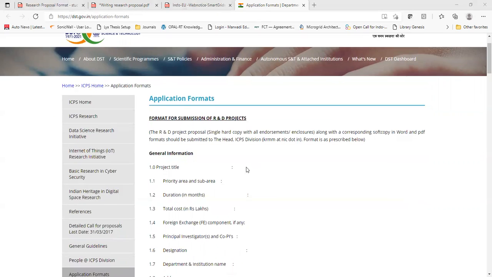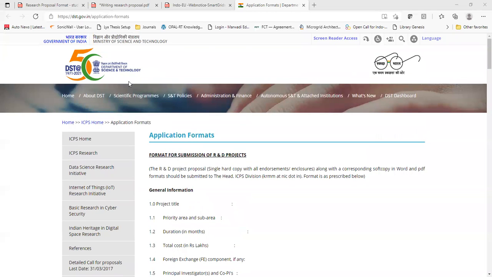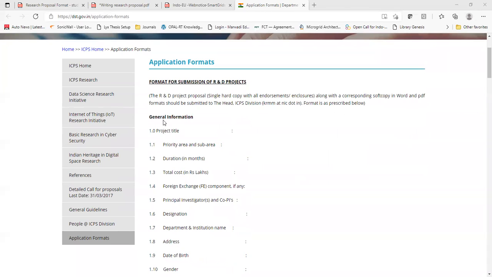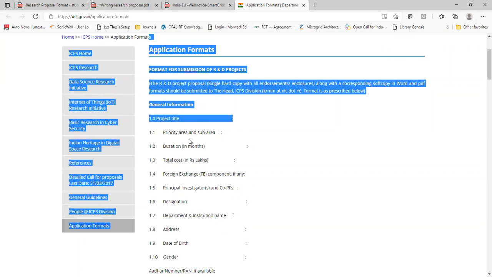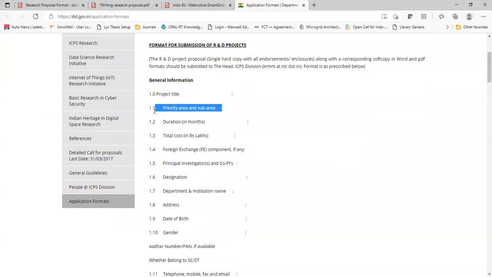So this is a generalized format for the submission of an R&D project to the Department of Science and Technology, Government of India. So this is the general information. What is the title of your project? What is the priority area and sub area? And your priority area must match the call.